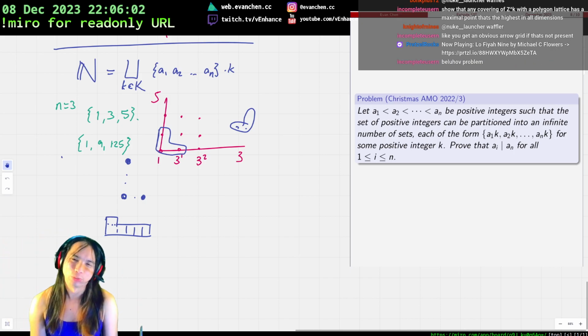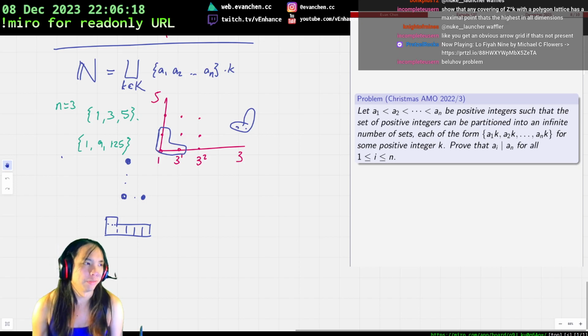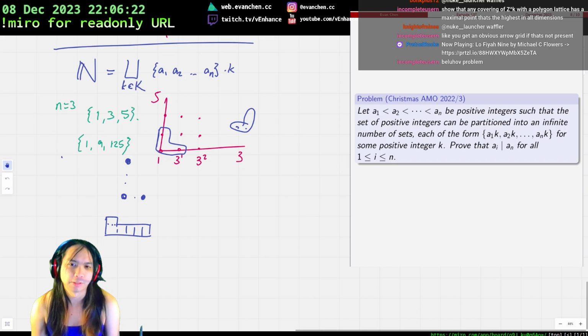I almost want to only do the 2 case, just because that way I'll actually be able to draw it. I feel like once you can do 2 dimensions, then 3, 4, etc. might follow. Or here's a different question: can we even do 1 dimension? For 1 dimension, technically the problem is vacuous because you'll always have divisibility, but you could still ask for which sets I can do this shifting thing and cover it.